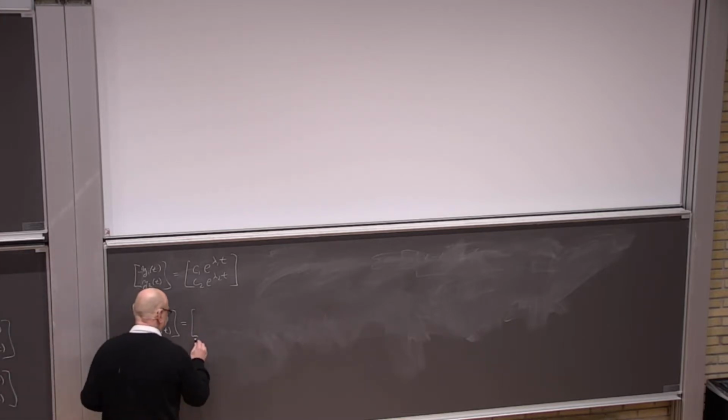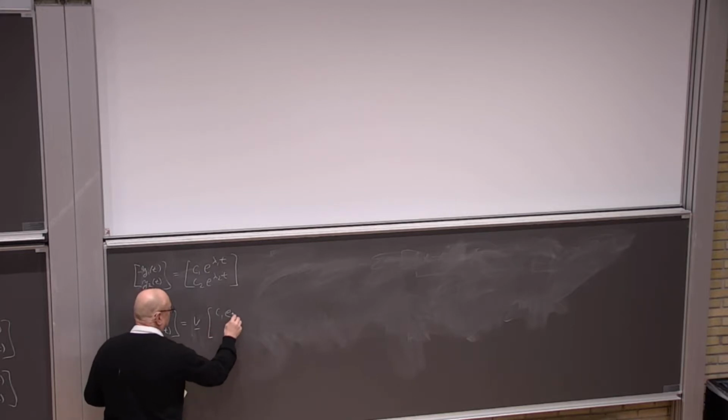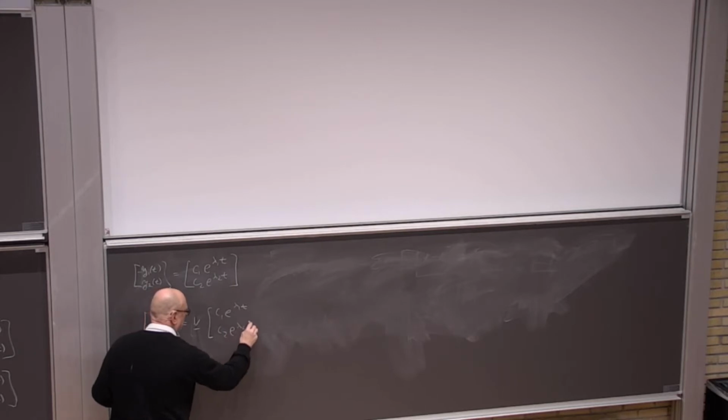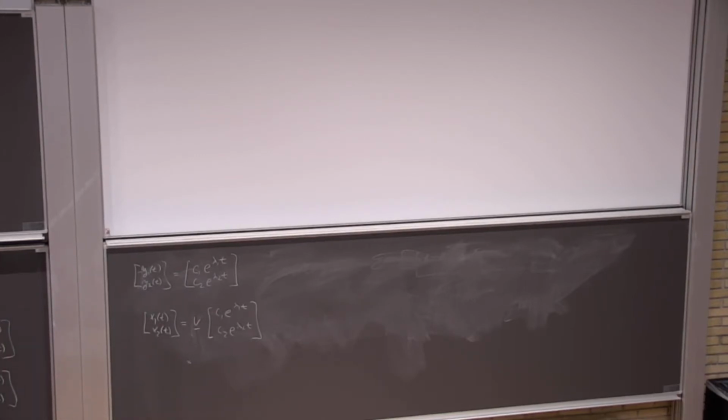And if I go back, I see here that I should just multiply by this matrix here, C1. And in order to do so, I should know what is the V matrix.